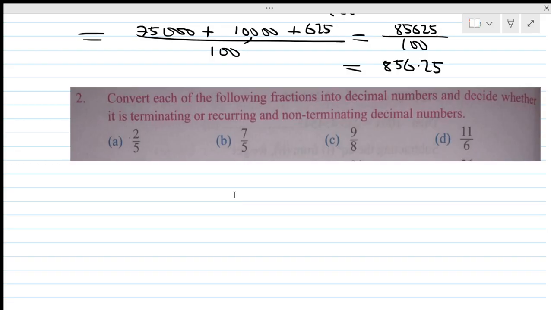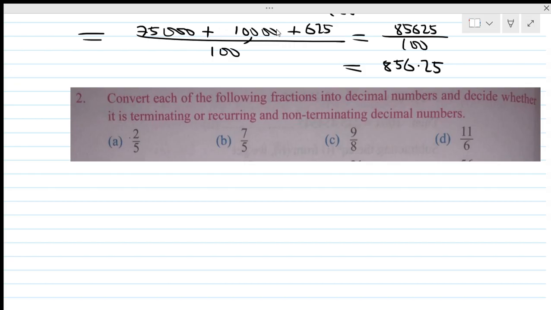So we have already discussed that if the divisor consists only of powers of 2 or 5, then those fractions we can convert into terminating decimals. Before, in number 1, they all were terminating decimals, and now we go with the non-terminating decimals also.